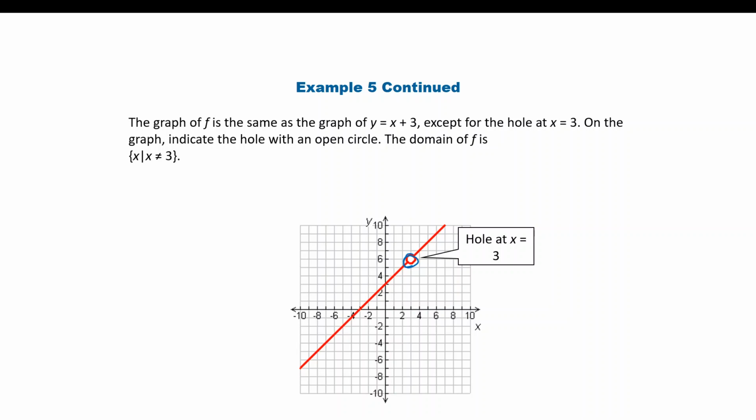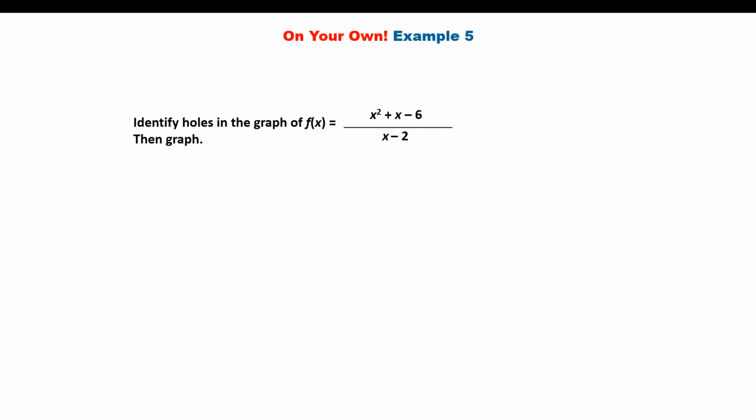That tells us that there is a hole at x equals 3. So at x equals 3, we just come up here, draw an open circle, and that tells us there's a hole there. So the domain of f is x such that x is not equal to 3. So the domain is everywhere except at this one point, where x cannot be part of that function. So there's a hole there.